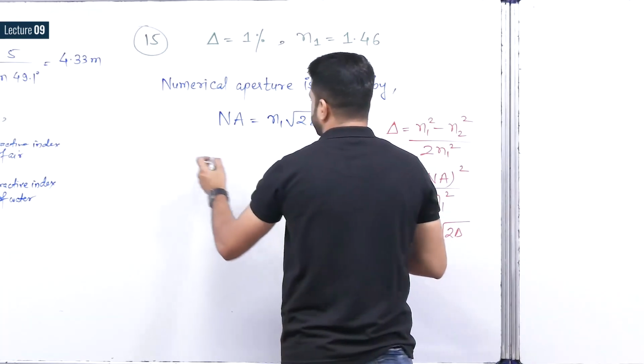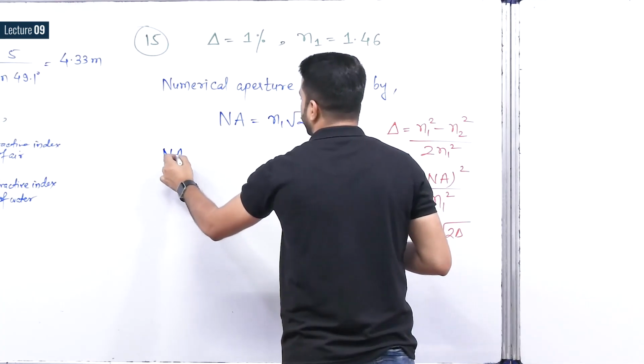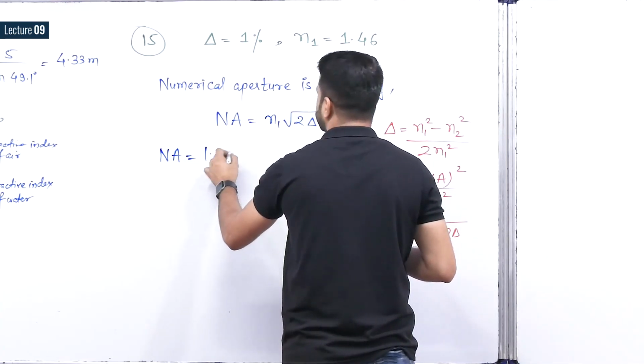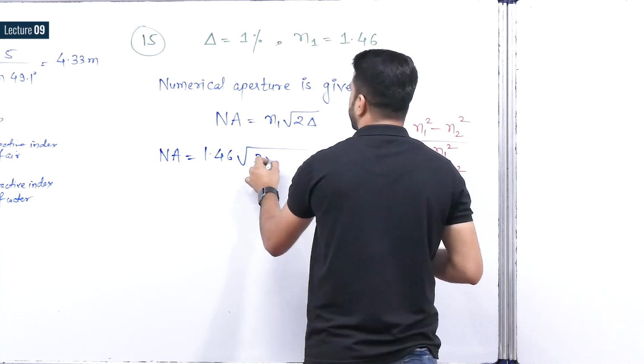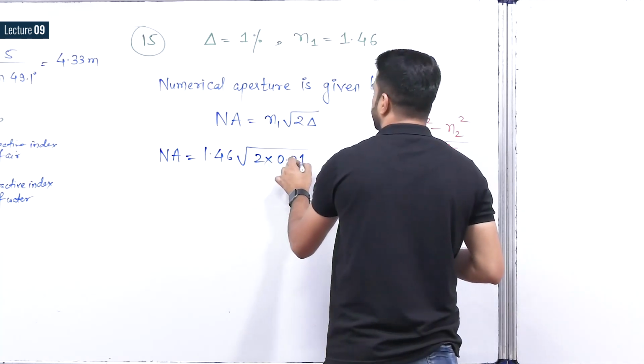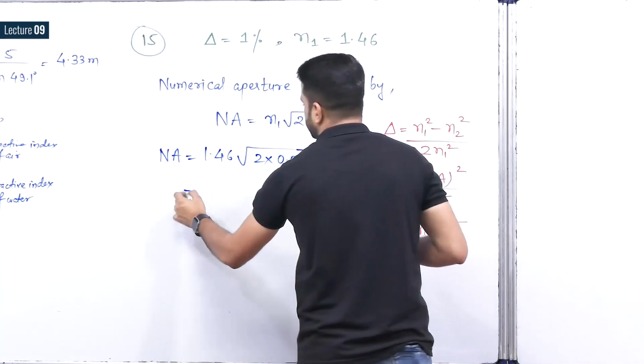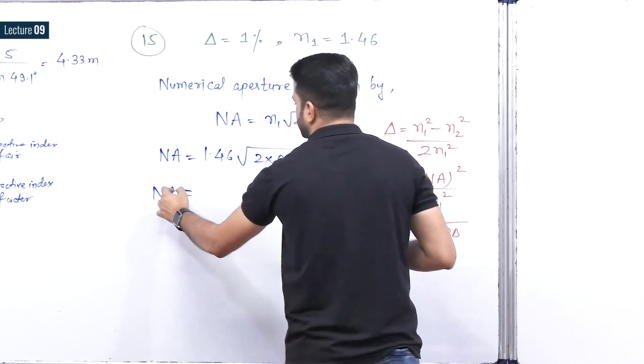So now let's substitute the values. The value of n1 is 1.46, and this is root over 2 into 1%, which is 0.01. So let's find this value.